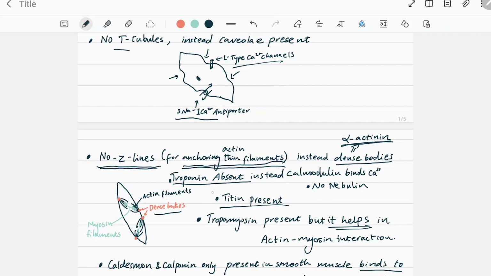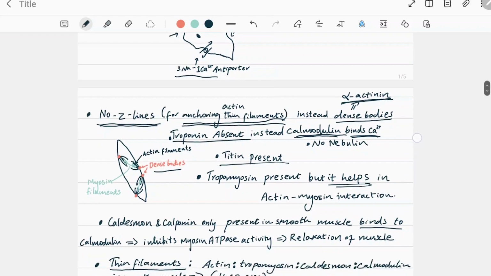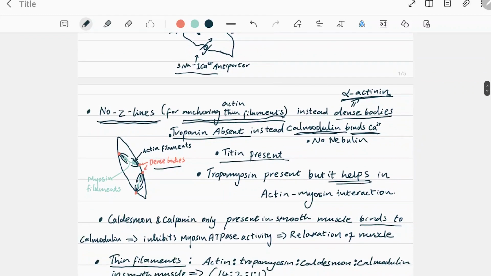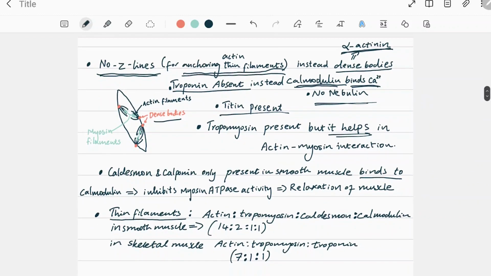Please remember, there is no troponin that regulates the excitation contraction coupling here. Instead, we have calmodulin in place of troponin, which binds to calcium. So instead of 4 calciums binding to troponin, you have 4 calciums that will bind to calmodulin. And there is no nebulin, which was present on the thin filaments, which you studied in the skeletal muscle video. Please watch that video before you watch Smooth Muscle.